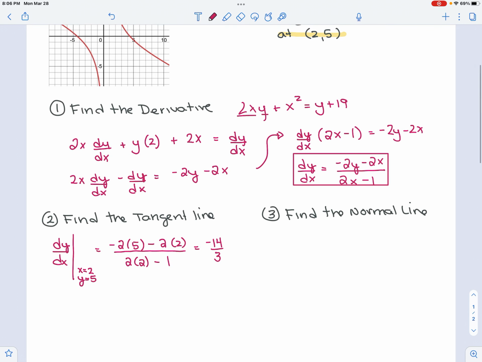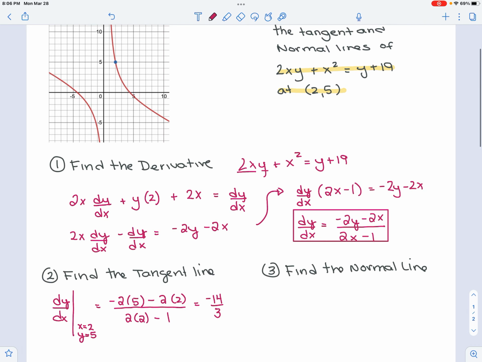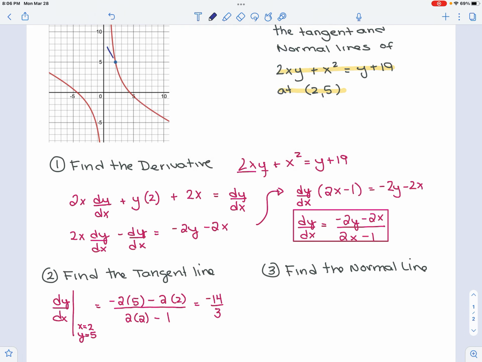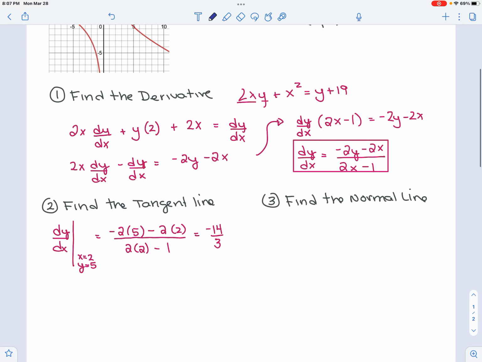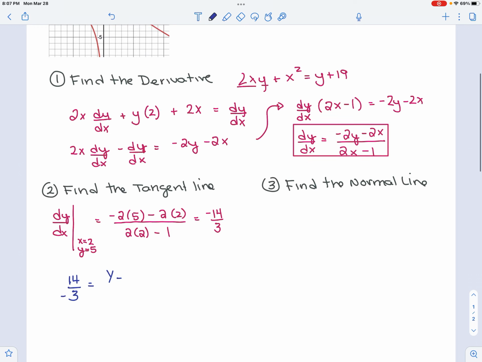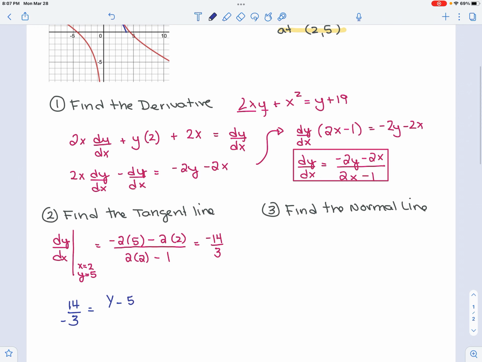Okay, also what we know is that the tangent line, I'll draw it up here in blue. The tangent line looks something like that, right? So it has a negative slope of minus 14 over 3, and it goes through the point (2, 5). So we can use the slope formula to get that equation. So minus 14 over 3, I'll put the minus on the bottom, equals y minus 5 over x minus 2.